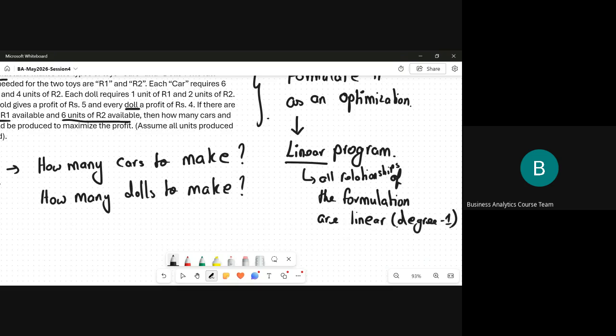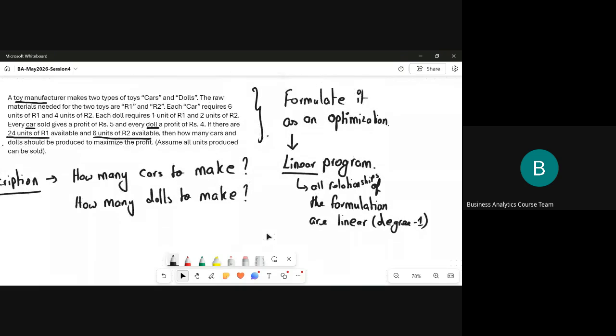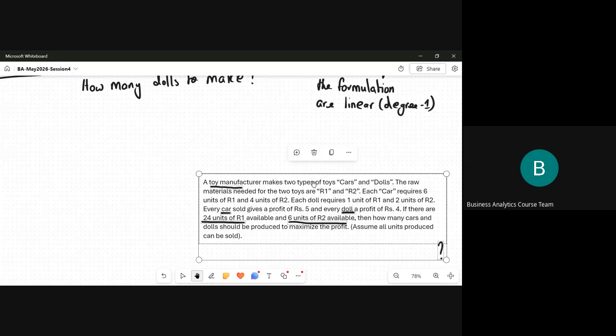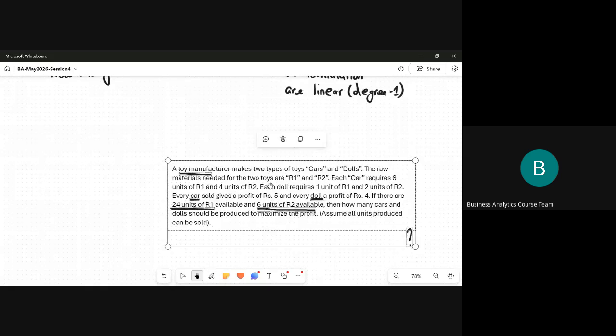So when you create an optimization model where all the relationships are linear, it is known as a linear program. All right. So with that in mind, let's try to formulate this. So this is the problem.